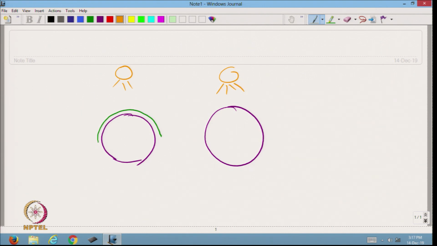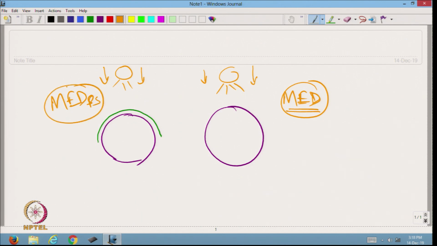Now, we will keep on increasing the radiation rate. After a certain time, the mean effective dose without any cloth is MED, and the mean effective dose with protective surface is this one.